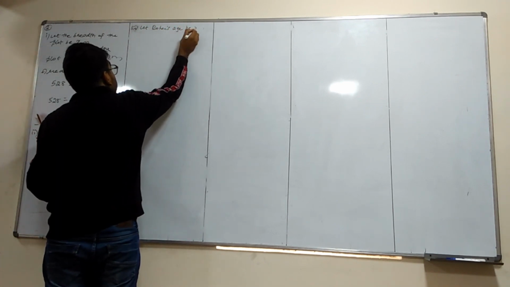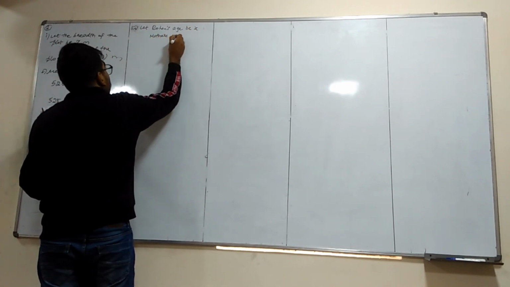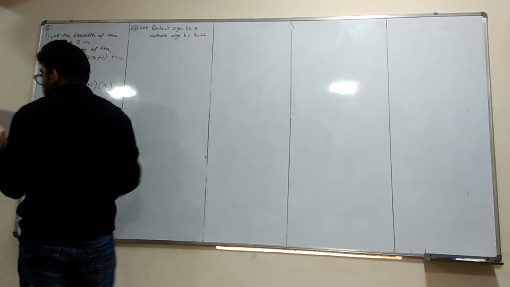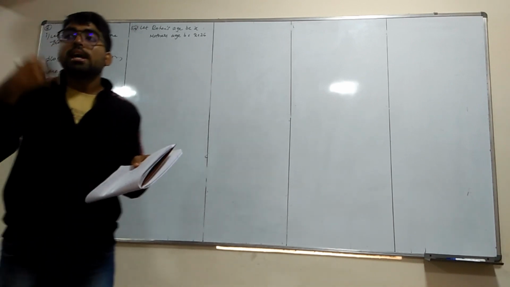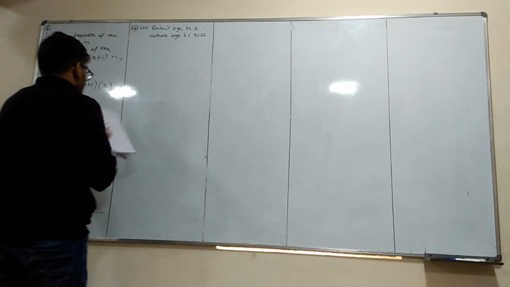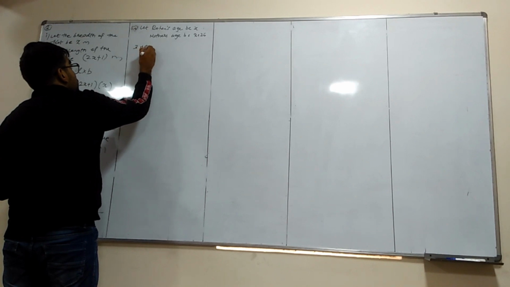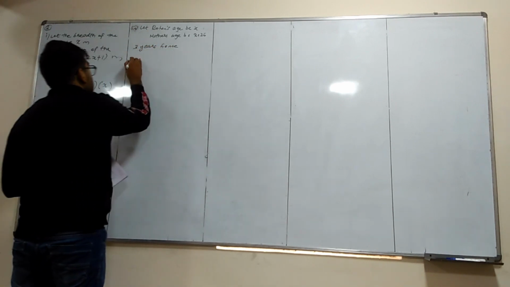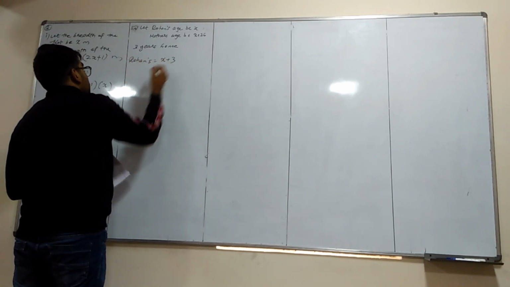Rohan's age be x, mother's age be x plus 26, since she is 26 years older. Okay, 3 years hence, after 3 years, Rohan's age will be x plus 3.